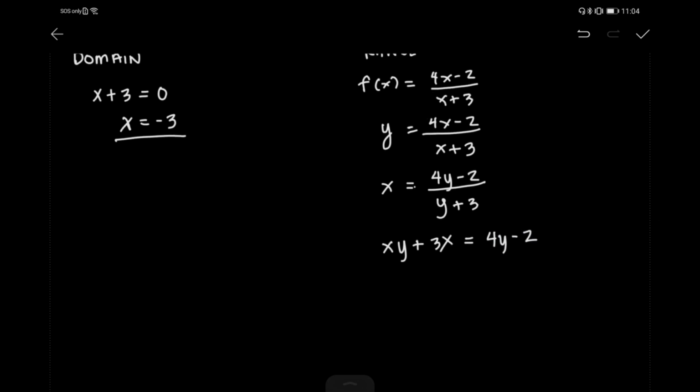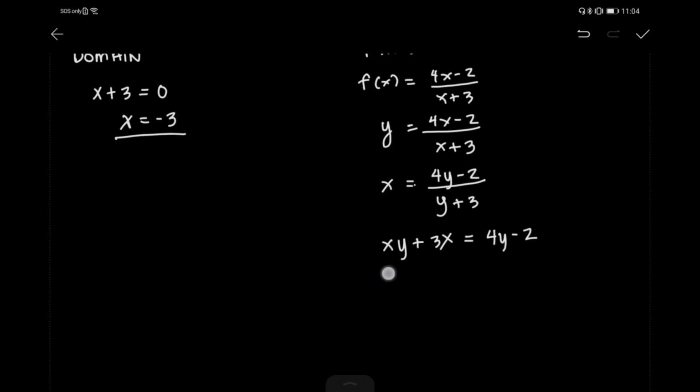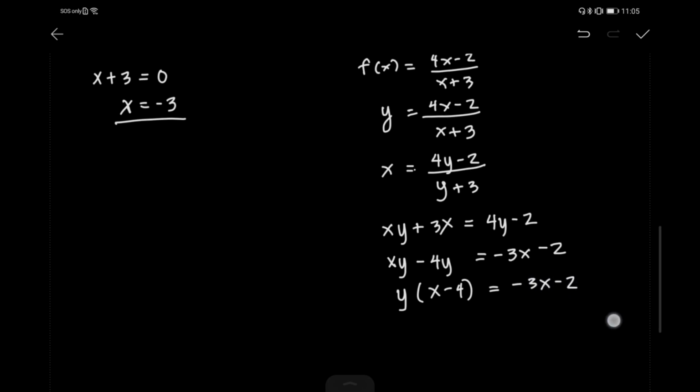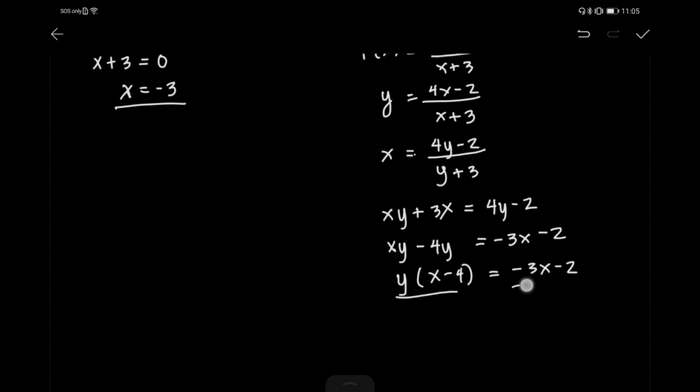Then, after that, combine like terms natin lahat ng mga y. So, bring down natin yung xy minus 4y is equal to negative 3x minus 2. Then factor natin, so y, quantity of x minus 4, which is equal to negative 3x minus 2. So therefore, divide natin both sides by x minus 4.